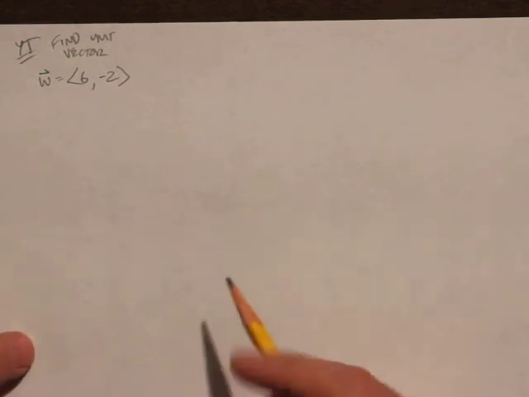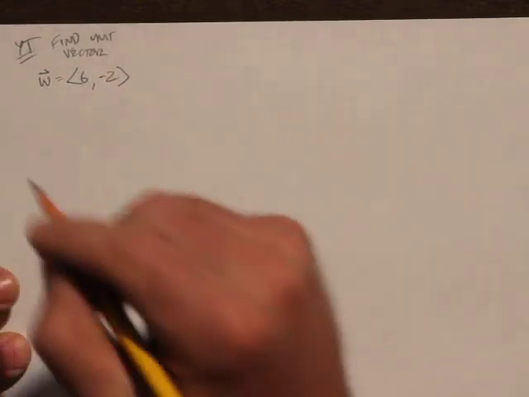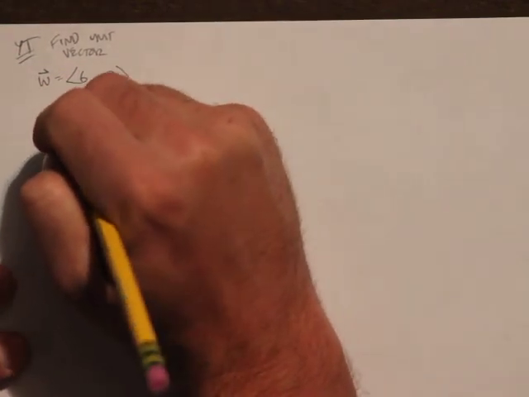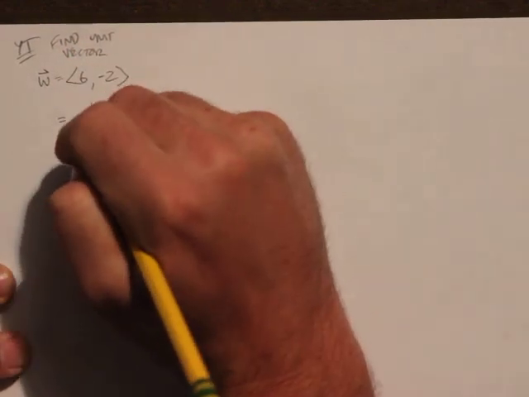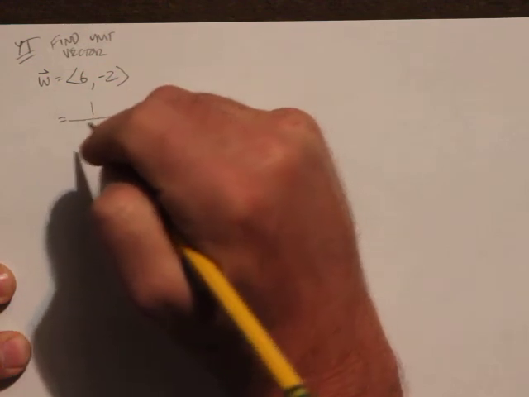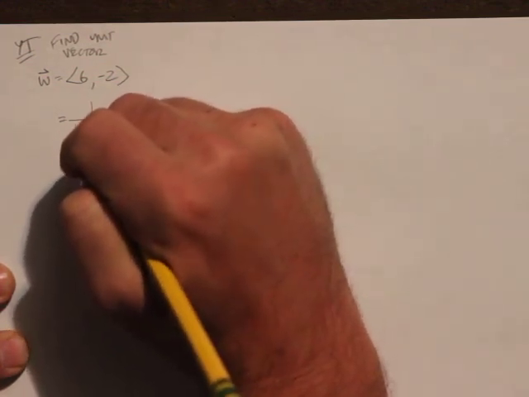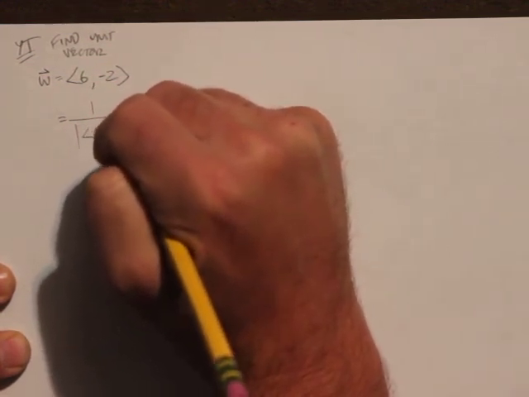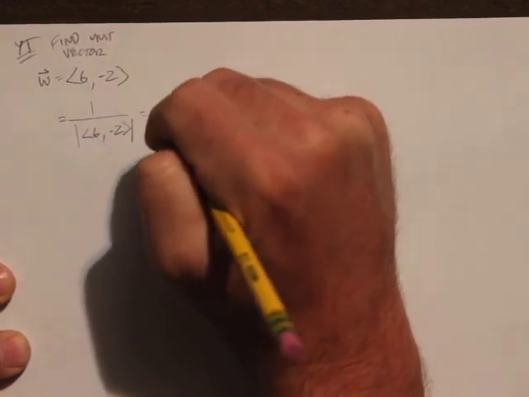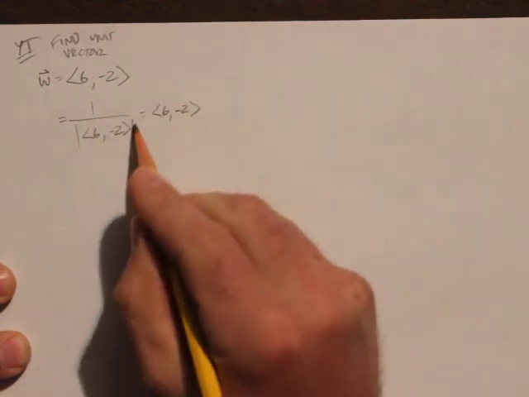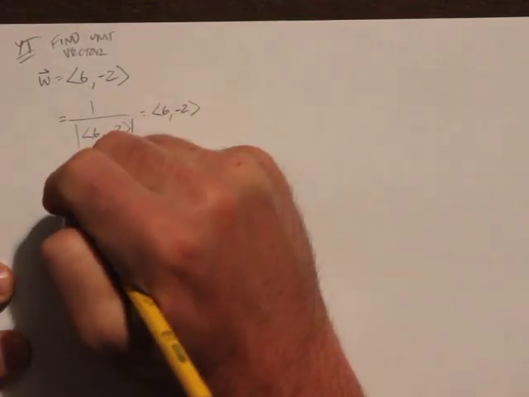Okay, so I'll work through this since we just did that little one. My formula here is 1 over the absolute value of 6, negative 2, times 6, negative 2. This is what I need to convert.